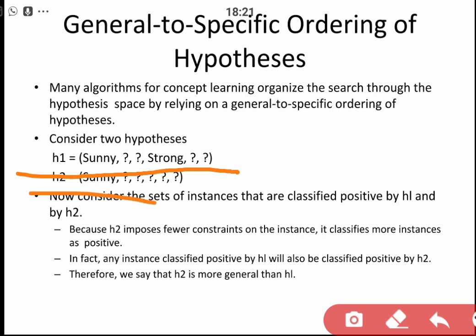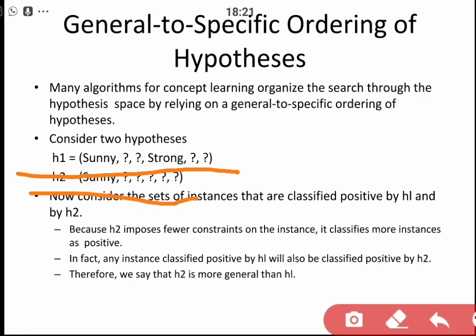Similarly, H2 has the value sunny and the others are question marks. In which of these hypotheses are more values possible? Clearly in H2, we are not fixing the value of strong, which means more combinations are possible from H2 than from H1.